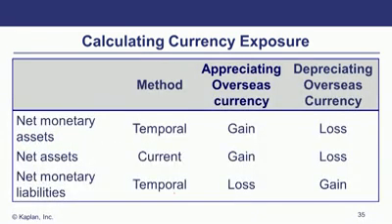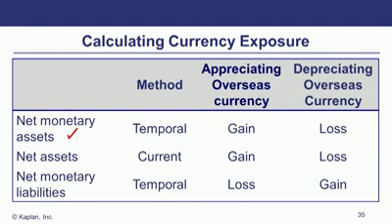And I put this little table together to help you with this. So let's look at the temporal method. If you did have monetary net assets, and I have to say that's a bit unlikely, then if the overseas currency appreciates, that gives you a gain. Why? Because if the overseas currency appreciates, it buys more of the reporting currency.